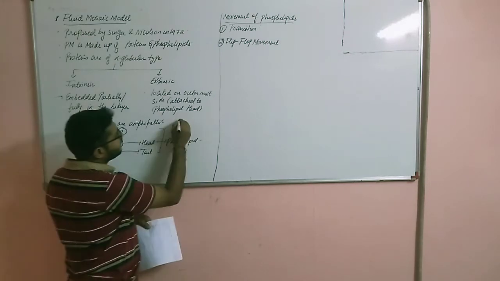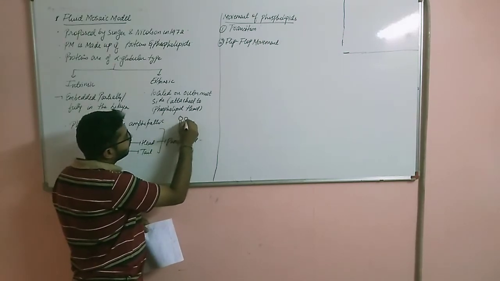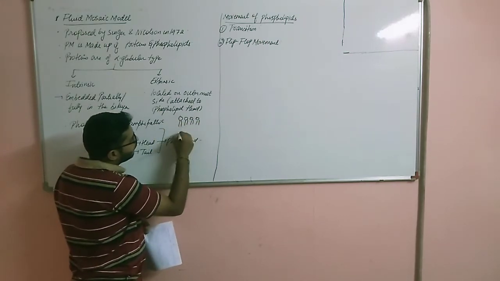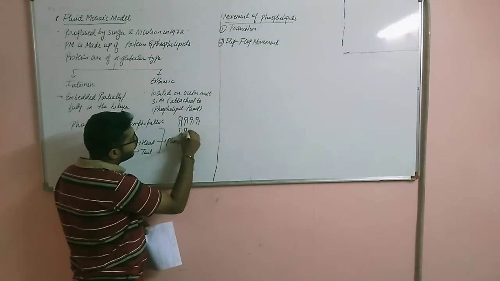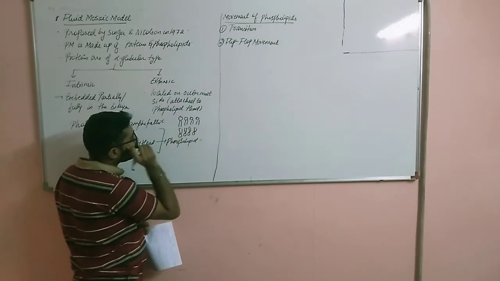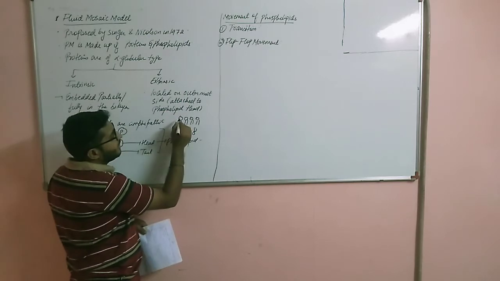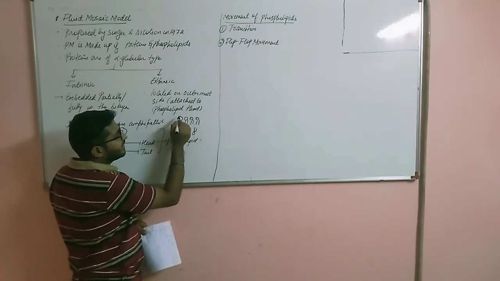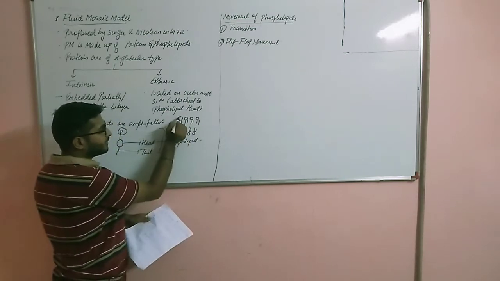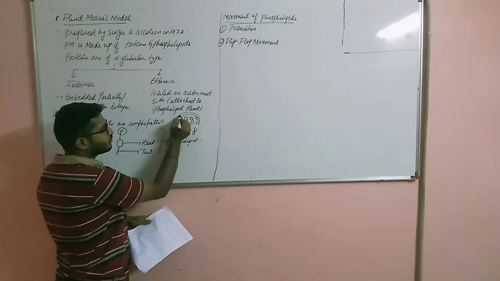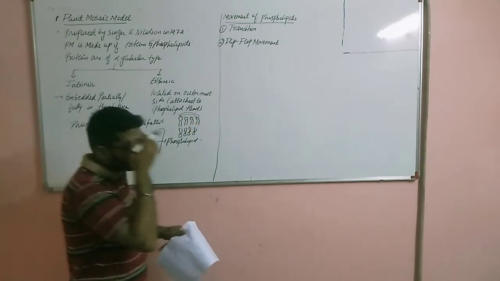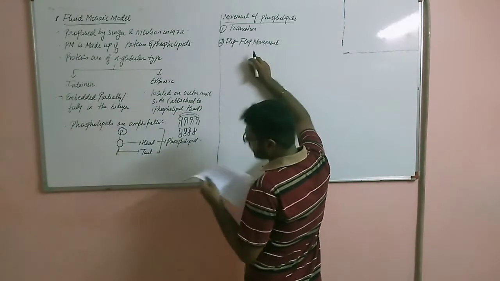So let us say a few layers I am drawing, if the phospholipids are moving within the same layer, say for example, if this is one phospholipid, this is moving here and this is moving here, then that movement is called transition movement.